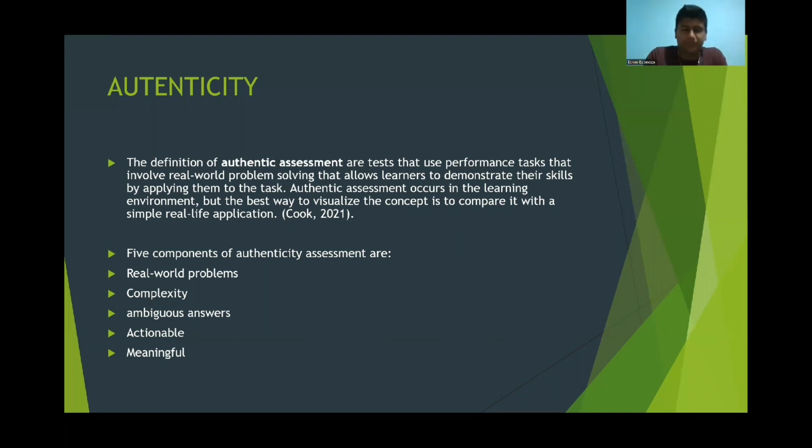This principle is very important for the teacher to apply in the assessment, because of the way that the students learn a topic.